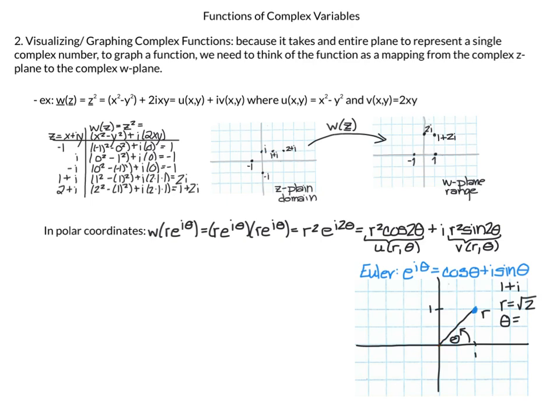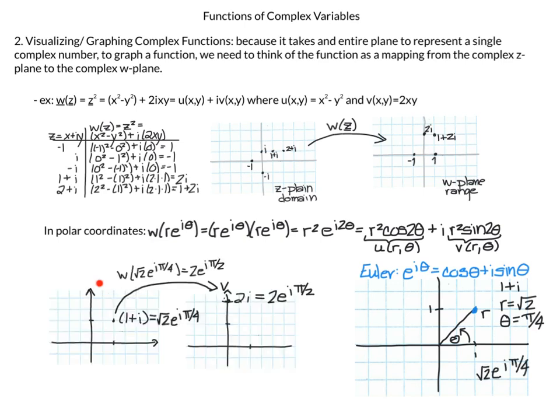So theta is going to be equal to pi over 4. Some of these, it's much easier just to look at it rather than calculate it using the tangent formula. But you can use the inverse tangent formula to get pi over 4 as well. So our point 1 plus I is equal to, I should write this out, square root of 2 e to the I pi over 4.